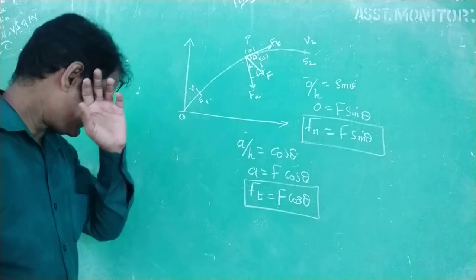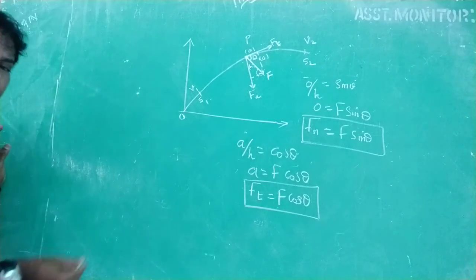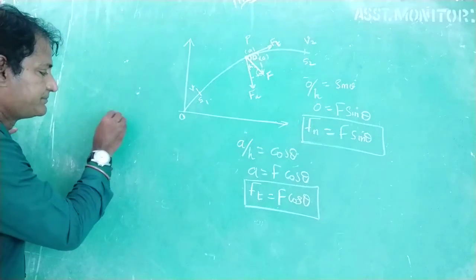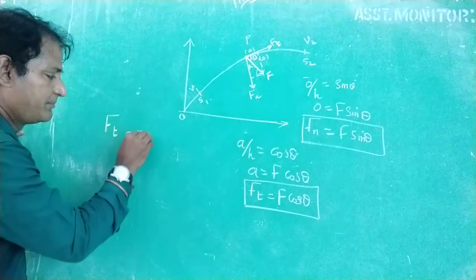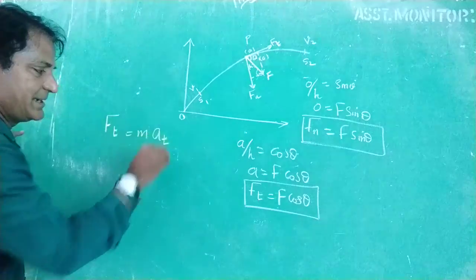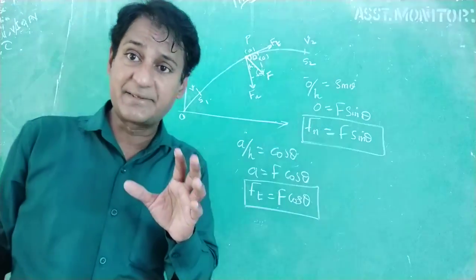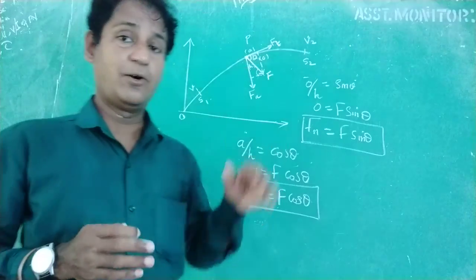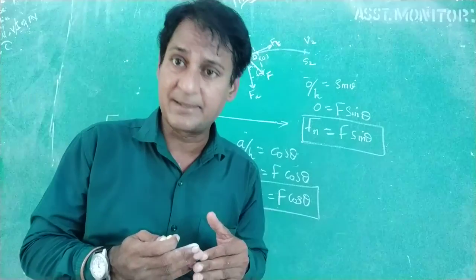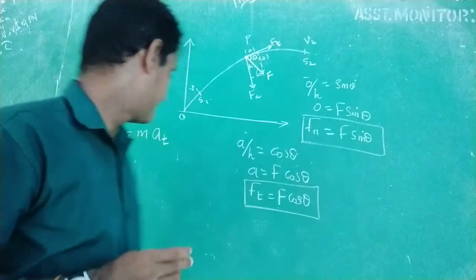Now we know that Ft is equal to mass into At, where At is the acceleration acting along the tangential line, or we can also call it tangential acceleration.